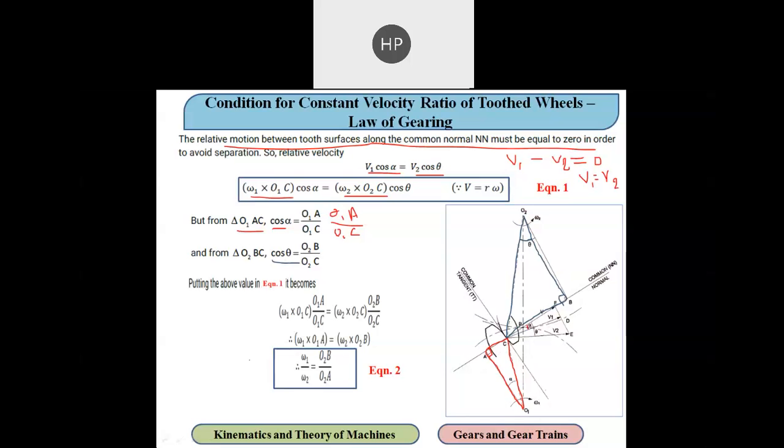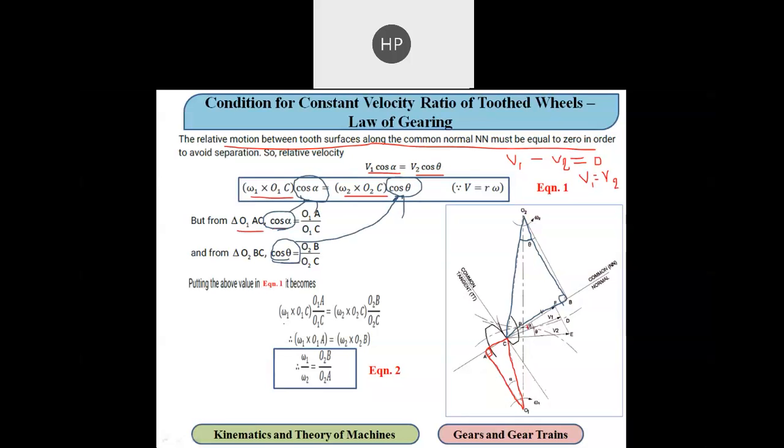So this is the value we get from these two triangles, and that's how we get the values of cos alpha and cos theta. Now we will put these values of cos alpha and cos theta in this equation.